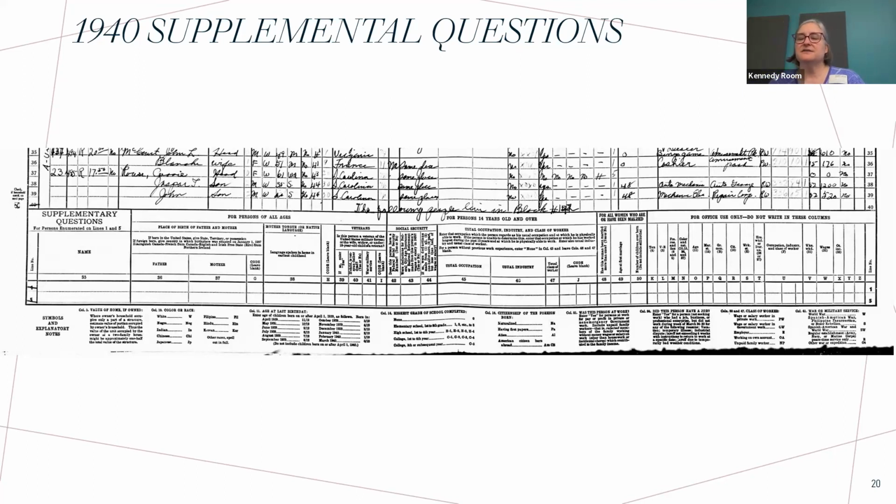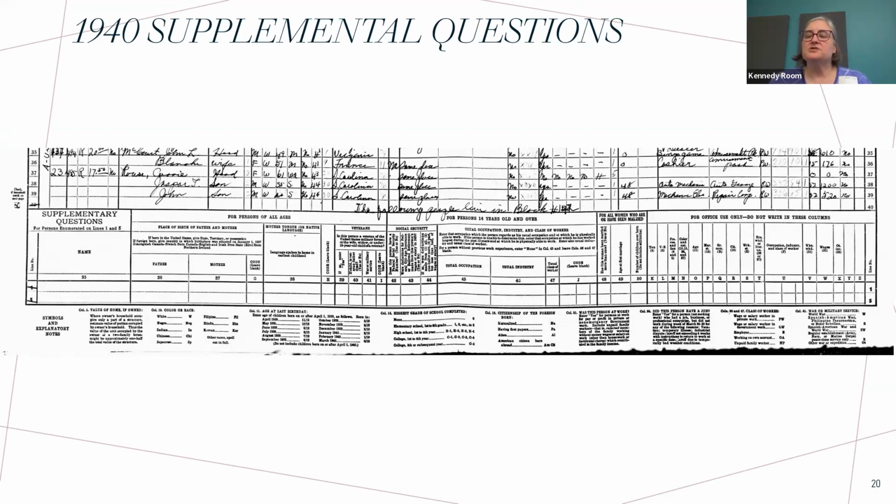If yes, if the child of a veteran, is the veteran father dead? War or military service, which war? And then some Social Security questions, because Social Security had started in 1935, or started paying out benefits in 1936.